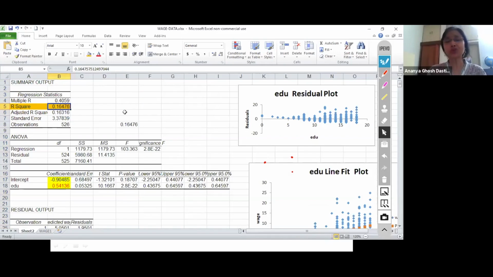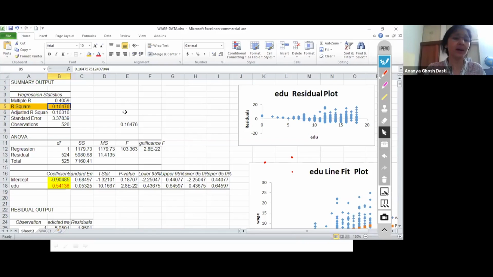Okay, so that's not very great, but then that's what it is, and I'm not very disappointed because I know this is not a good model. I know that, when you're trying to explain variation in wages, variation in education is not the only thing. There are many other things like experience, whether you're a woman, what kind of a job you're doing, are you a clerical worker, are you an officer?